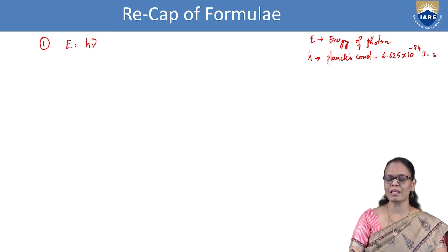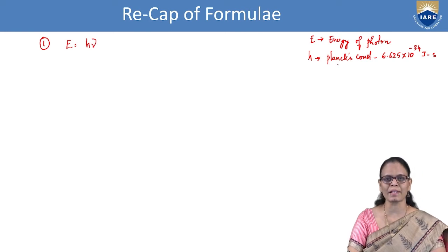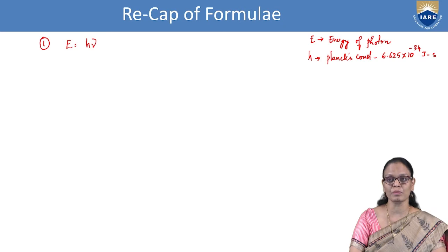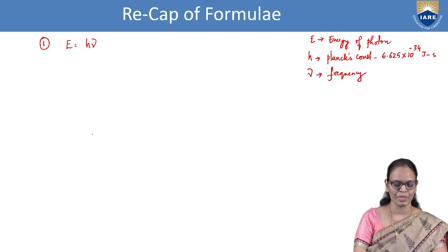In most of the numericals, the value of H, the Planck's constant, will be given. If it is not given, you may have to remember it is approximately taken as 6.6 or 6.625 into 10 power minus 34 joule second, and nu here represents the frequency. Nu is the frequency of the incident photon.